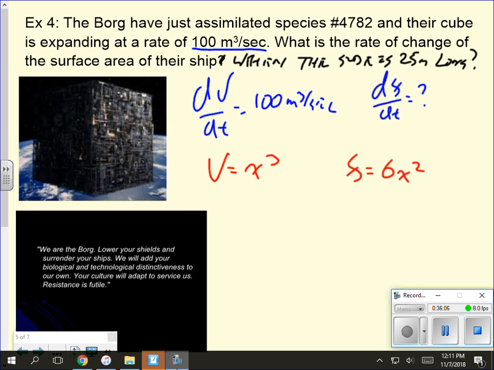Use this one to find one rate that I can use in here to find the second rate that I need.